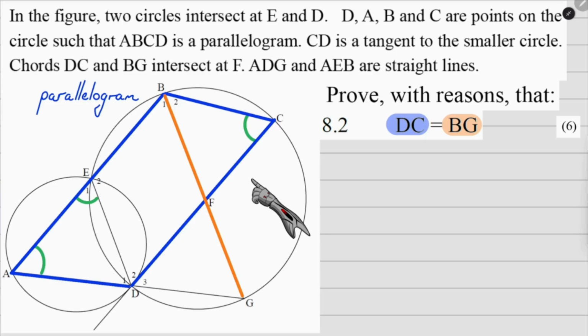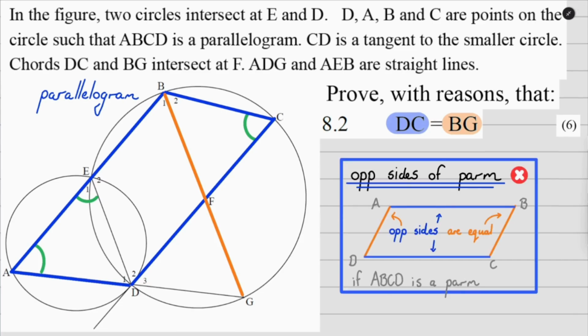And I know a property of a parallelogram with the opposite sides, which is that the opposite sides are equal. So if you've got a parallelogram, this side is equal in length to this side, and this side is equal in length to this side. So now I know that DC will be the same length as BA for this reason, opposites of a parallelogram.